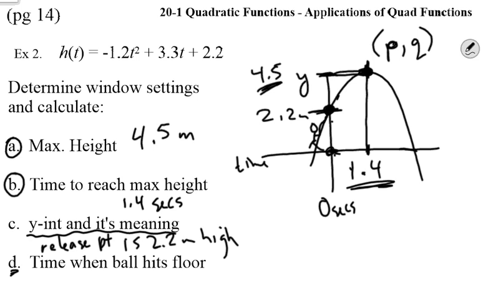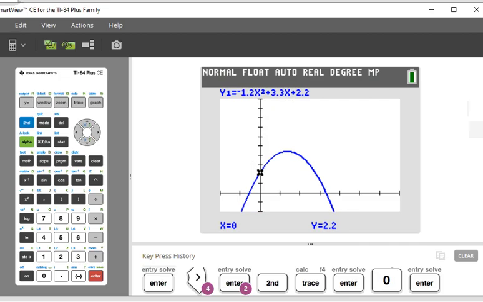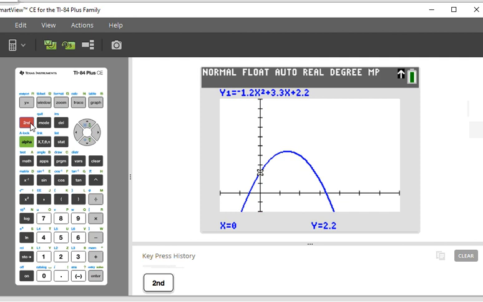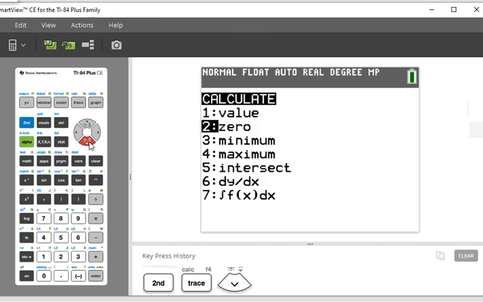well, the ball is released, it travels to its max, it comes down, it'll hit the floor and then start bouncing. But here's where the ball hits the floor, which is our x-intercept for the right intercept point. So we can go back, we want second trace, we want the zero value.